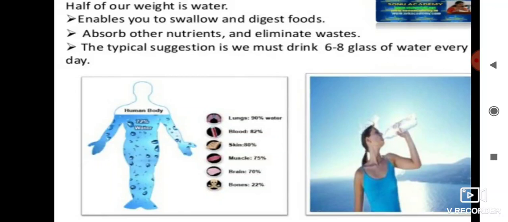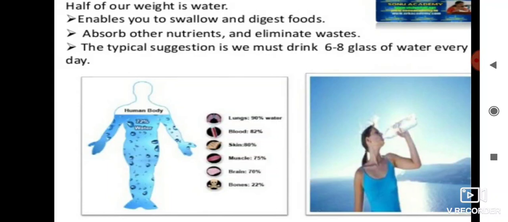Let us see that most of our weight is water. That means if you look at our whole body, the maximum of our body weight is made up of water. So what is the use of water? Water enables you to swallow and digest the food.